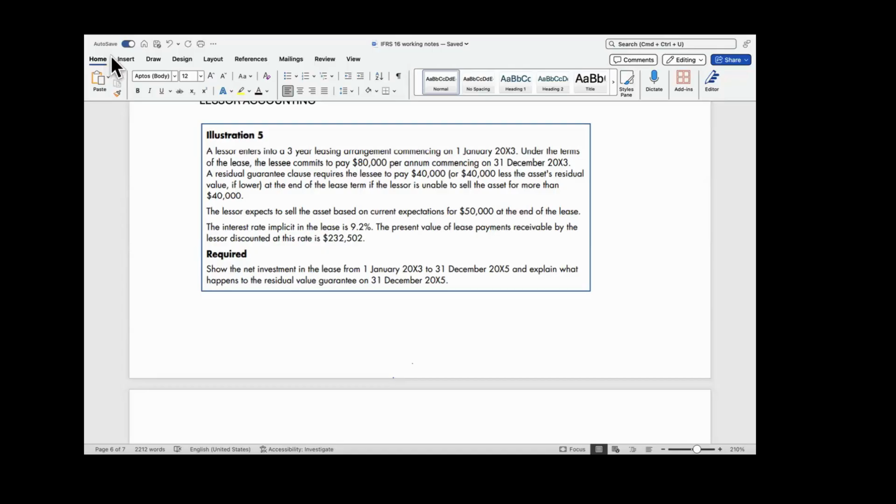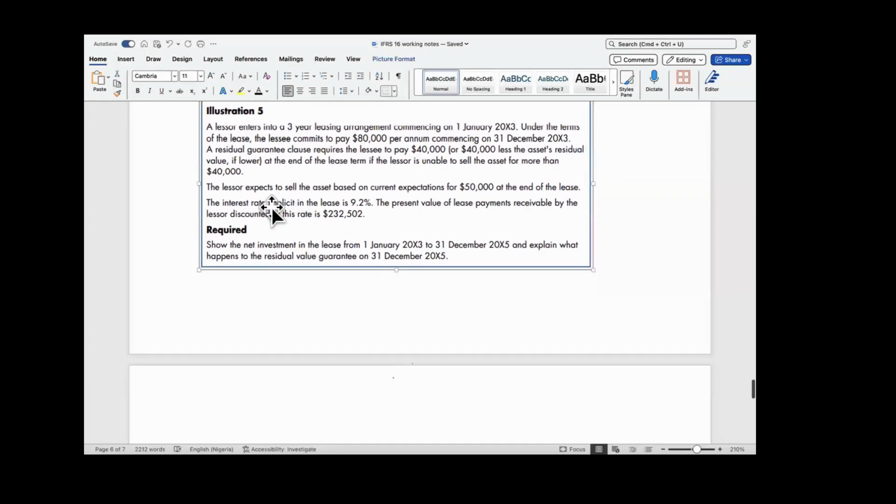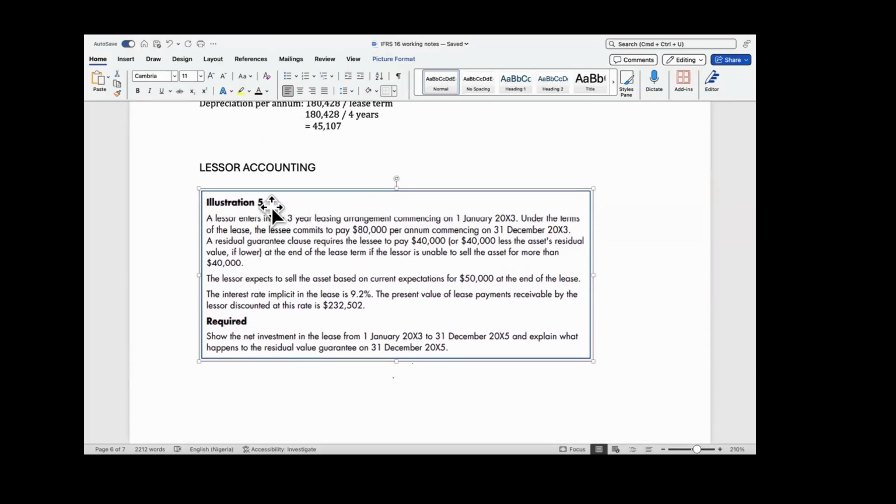Thank you very much. So the examiner, if you look at the requirement of this question, we're told to show the net investment in the lease from 1st of January 2003 to 31st December 2005 and explain what happens to the residual value guarantee. They said the lessor enters into a 3-year leasing arrangement commencing on 1st January 2003.